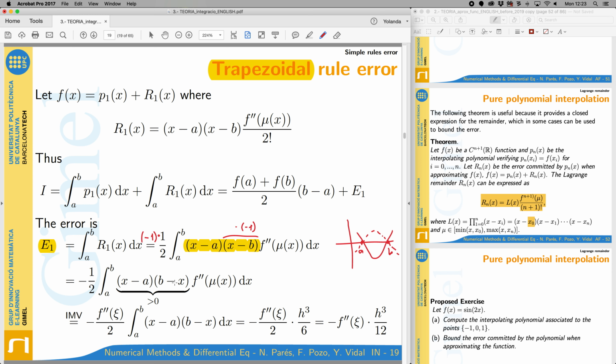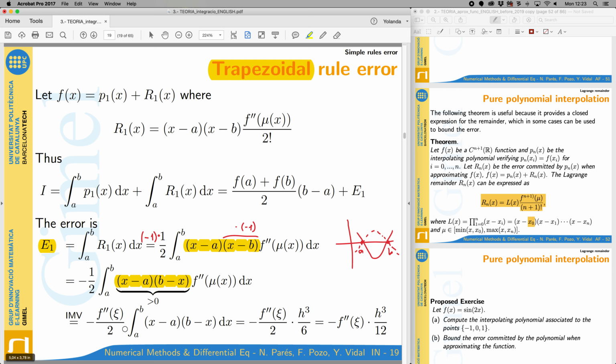So now this is a positive function, and we can apply the integral mean value theorem. Okay, so this is the positive function. It remains inside the integral, and this guy can be written outside the integral at a point that I don't know, C, but I know it lives between a and b.